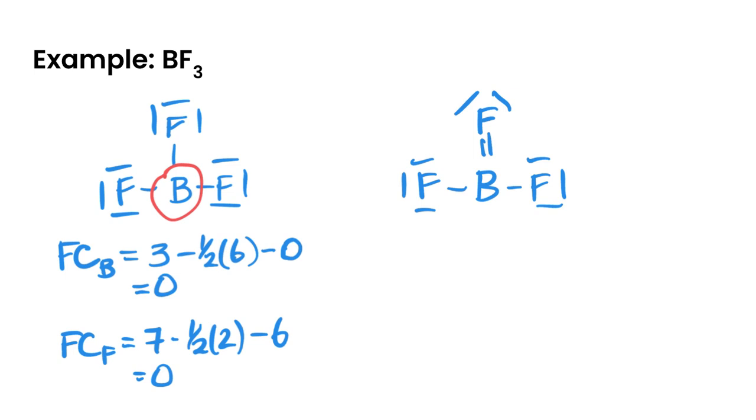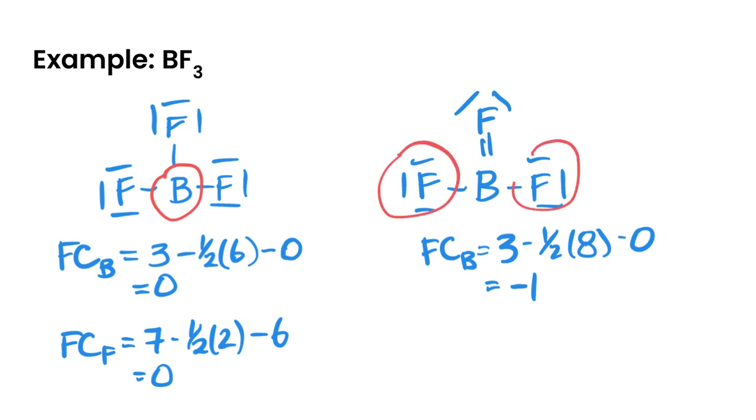Now, if we do the same thing with the other structure, let's go to the formal charge of boron. Again, 3 valence electrons. We'll do a half of the bonding electrons, and now there are 8 bonding electrons, and still no non-bonding electrons. So 3 minus 4 gives a formal charge of -1. The first 2 fluorines are going to have the same formal charge as what we calculated in the other structure, so a formal charge of 0.